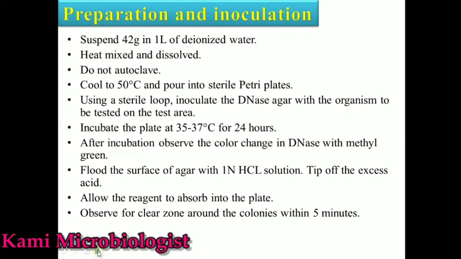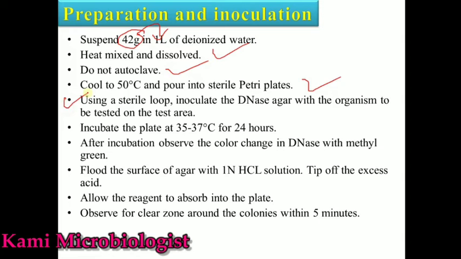Now let's talk about how we can prepare this media. First of all, suspend 42 grams of the media in 1 liter of distilled water. Heat, mix and dissolve. After that, do not autoclave it, because once you autoclave, the nucleotides and ingredients will be broken down. Then cool down this media and pour it into sterilized petri plates.